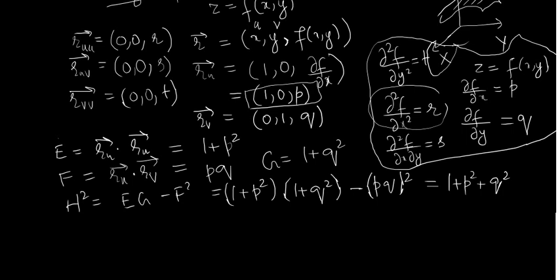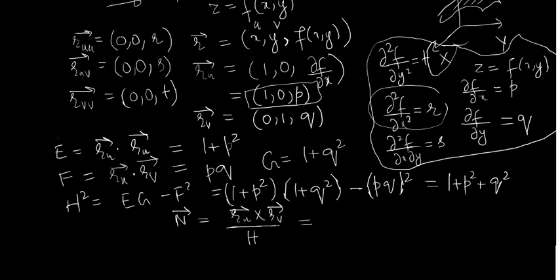Similarly, you can evaluate n. Now what is n? n is nothing but r u cross r v divided by H. H square you already have. You take the cross product of r u and r v; what would that be? You can easily check, you can evaluate it, it's very easy.